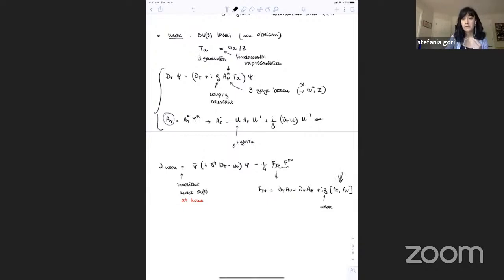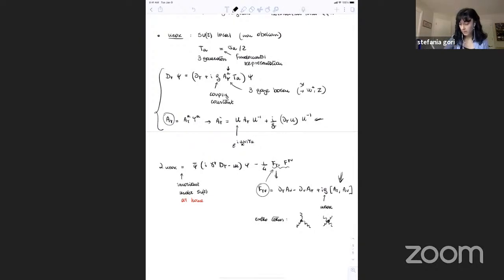Now, in terms of physical interpretation, this is something I wanted to comment on because it's very important. If you plug this F mu nu into the Lagrangian, contrary to electromagnetism, you will have extra terms, in the sense that you will have interactions between 3 gauge bosons, and also between 4 gauge bosons.